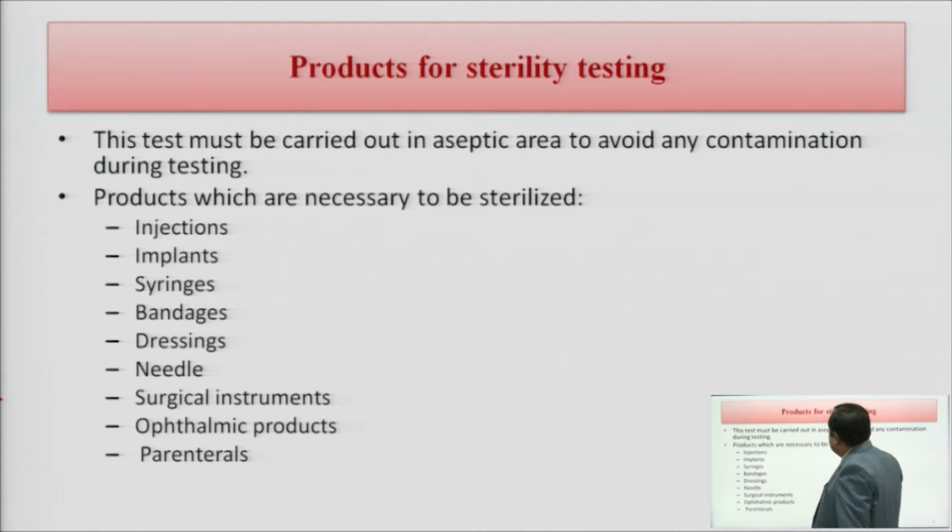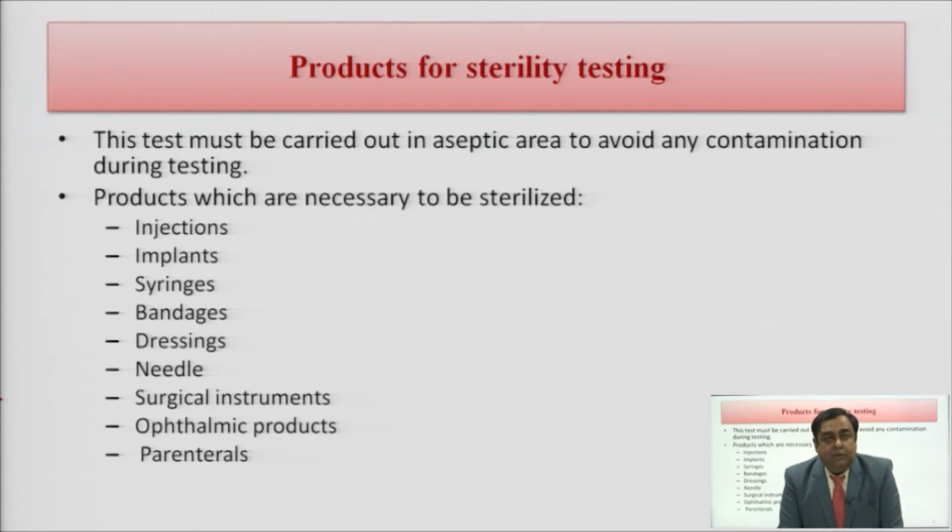Now, let us see what are the products which are commonly tested for sterility by the membrane filtration technique, or in fact the direct inoculation technique. That is, what are the products which are necessary to be sterilized before use.